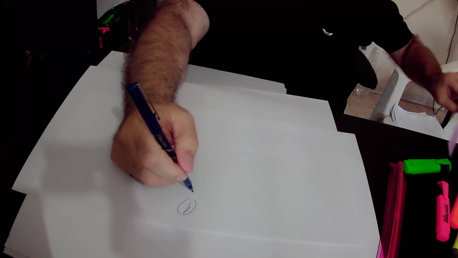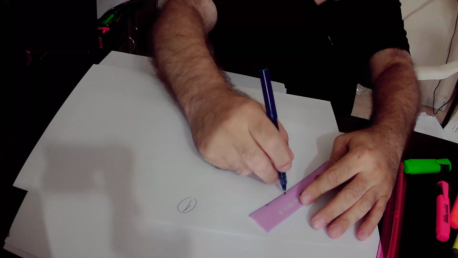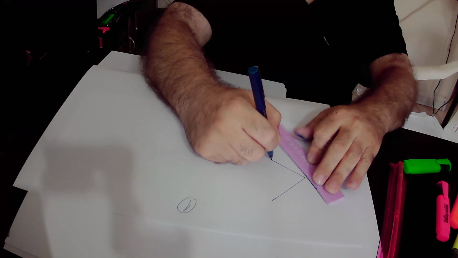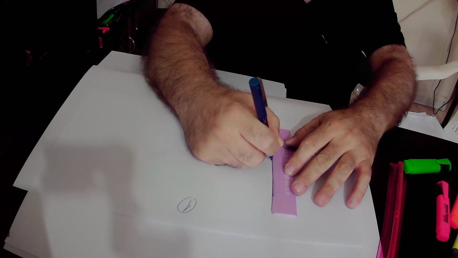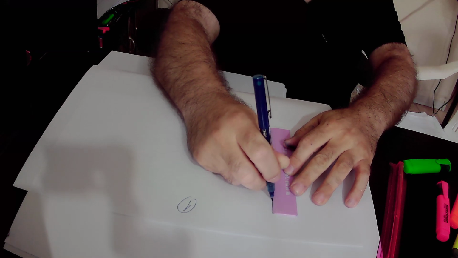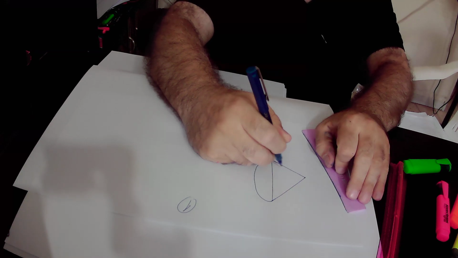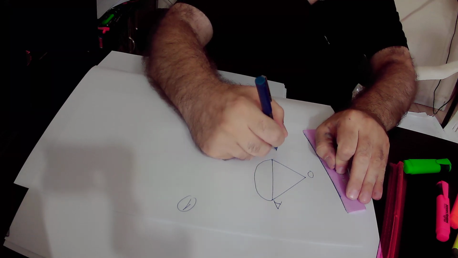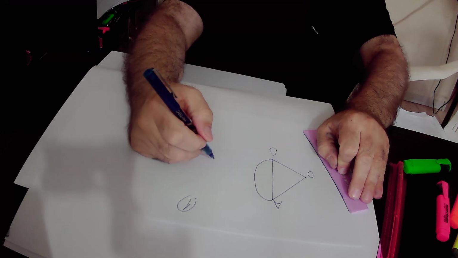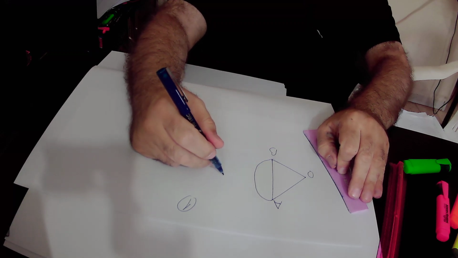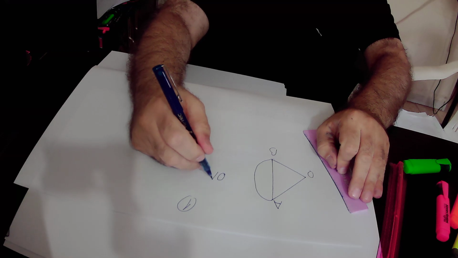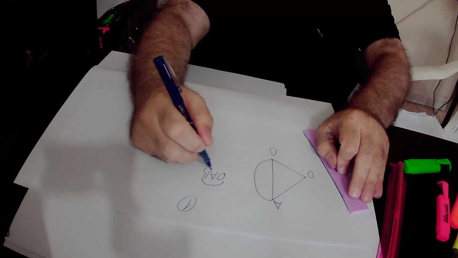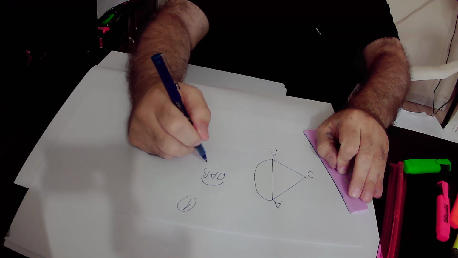So here we have a sector, this is sector OAB, and the sign for the area of sector AOB is the rounded sign above OAB.